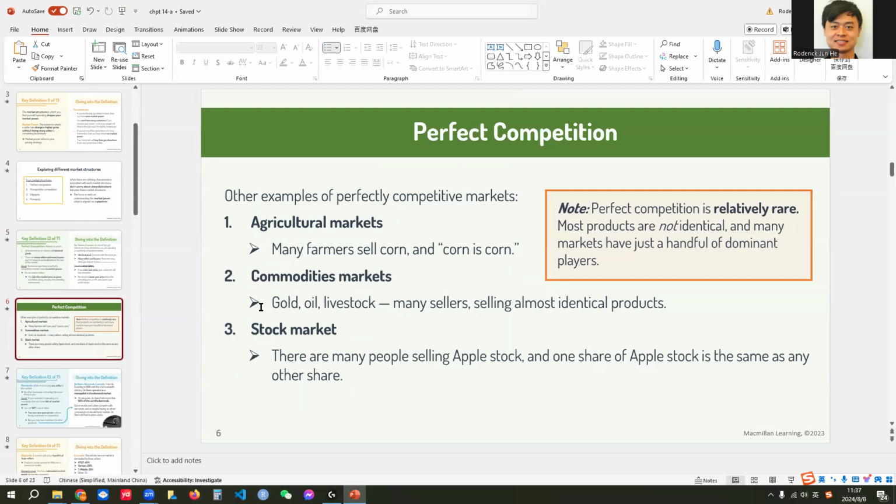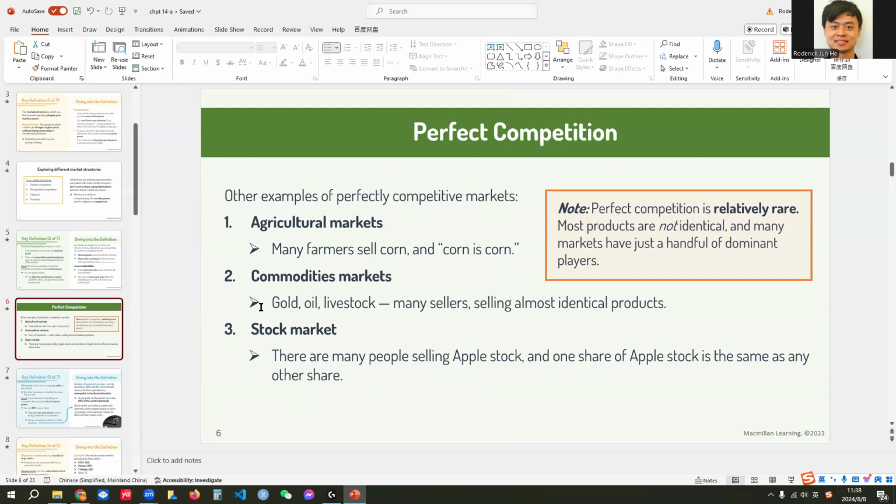Okay. So there are several other examples of perfect competition. For instance, agriculture markets, corn is corn. Now firms are trying to differentiate them, for free range, organic. But we are talking about the generic veggies that you buy at Walmart, Smith, whatever it is, right?